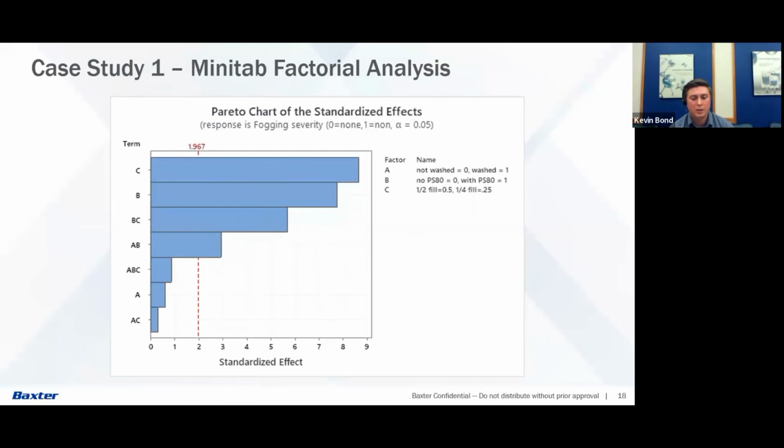Additionally, the interactions of the presence or absence of polysorbate 80 and fill volume, and the interaction of the washing or not washing and depyrogenating, and the presence of PS80 were also significant factors. So in this study, it didn't appear that depyrogenation alone was a significant factor based on this analysis.